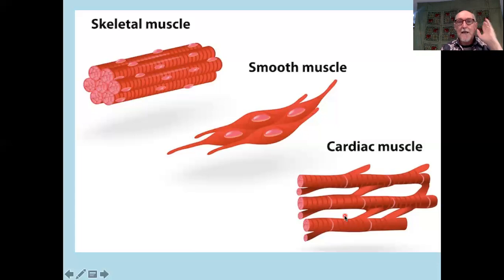Instead, an electrical impulse is needed to coordinate the beating of the cardiac muscle. And so we have what are called pacemakers in the heart, which regulate the contraction of the cardiac muscle and make sure that the different regions of the heart beat in synchrony so that the heartbeat is efficient.